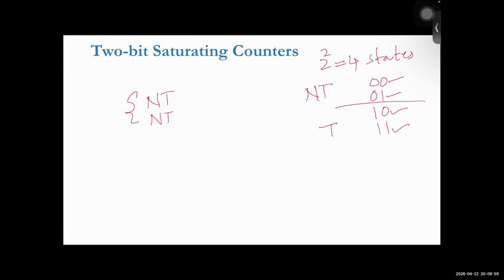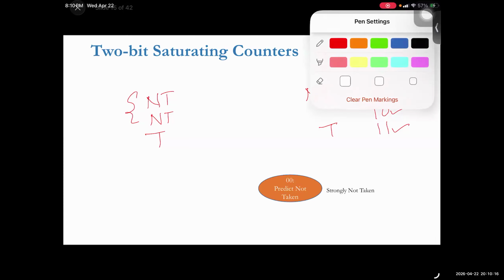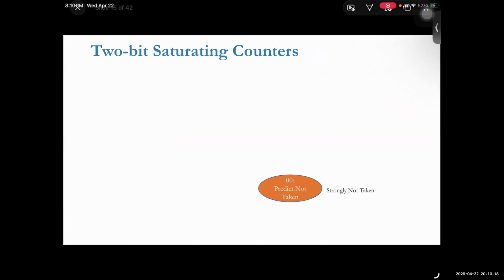If there are two consecutive wrong predictions, then it changes to taken. The nodes in this graph represent the branch prediction, and the arrows represent the actual outcome of the branch. The first, 0 0, means strongly not taken.